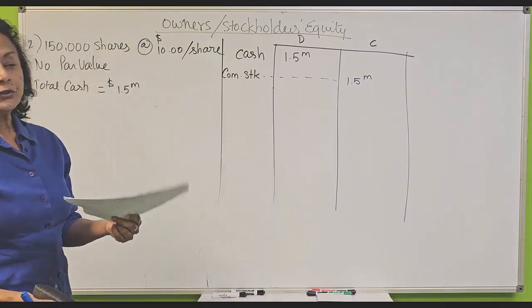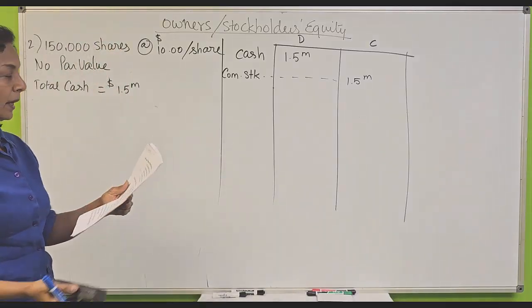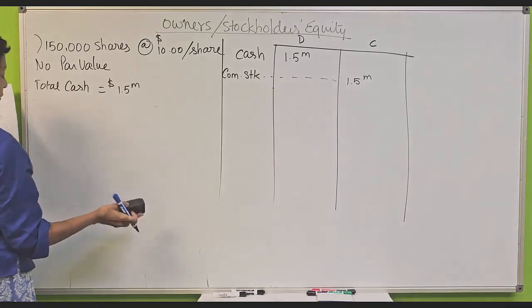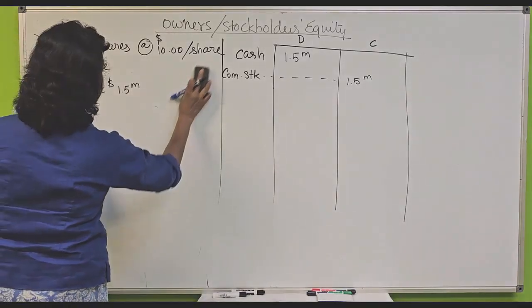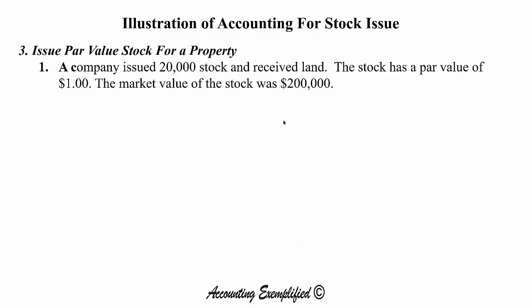Okay, now we go into issuing the stock for a property. So here, the third example is issuing a par value stock for a property.